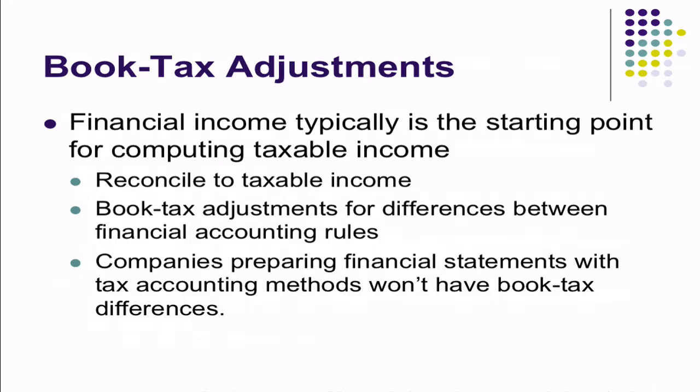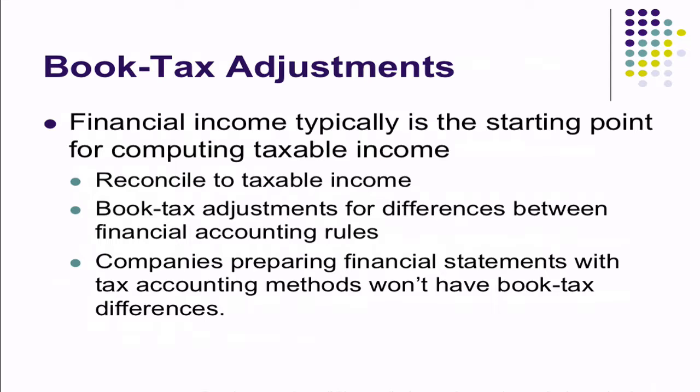And you guys are pretty familiar with this, I'm assuming, with your accounting background, so I'll kind of skim this pretty quick. But financial income, your GAAP created financials, is typically the starting point for computing taxable income. And then you make reconciliations to that GAAP created financials for tax purposes.